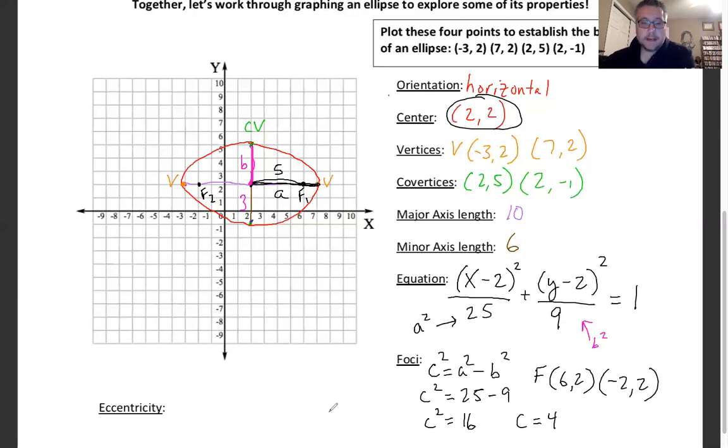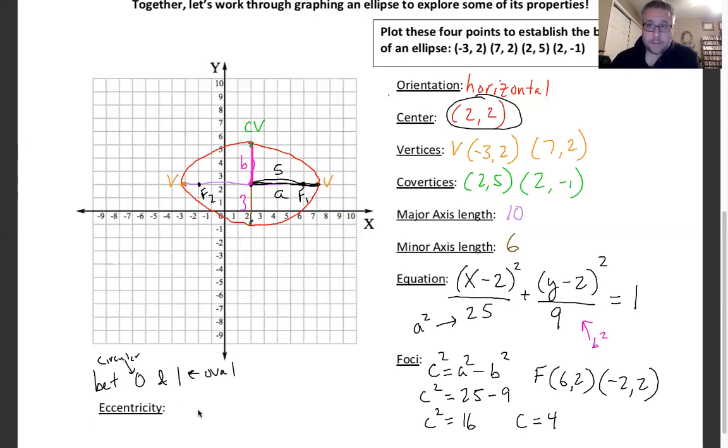Finally, the last thing that we're going to add in, that if you studied this in Algebra 2, you may not have gotten to, is something called the eccentricity. The eccentricity is a measure of how oval or how elliptical the shape is. You're always going to get a value between 0 and 1. If you get a value closer to 0, it's more circular. And if you get a value closer to 1, it's more oval.